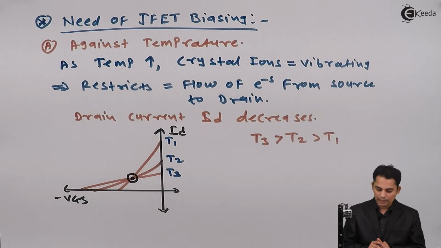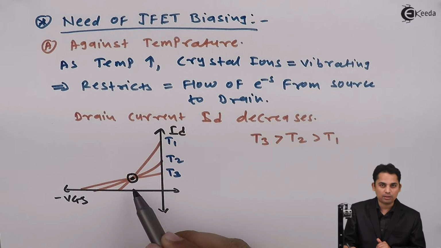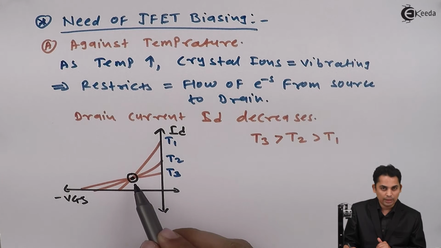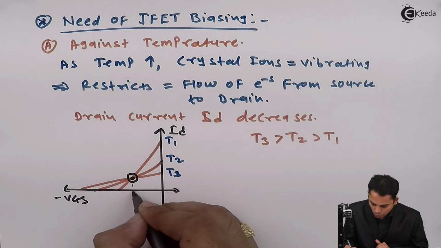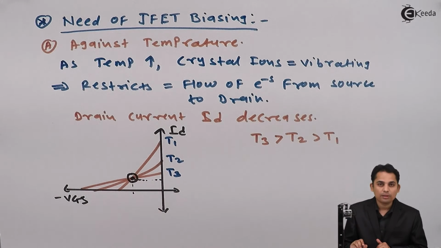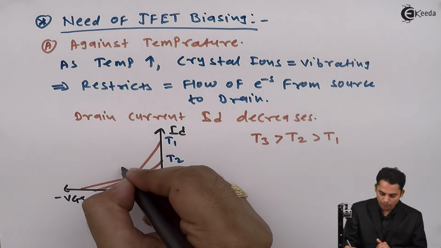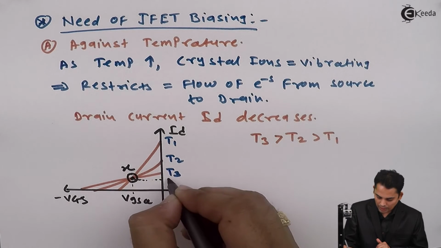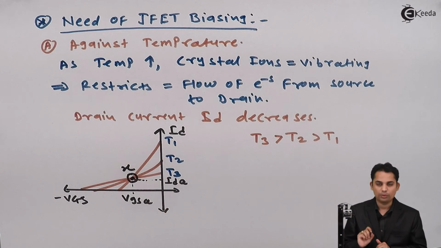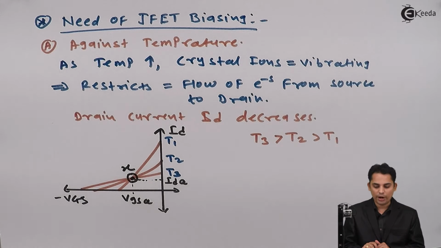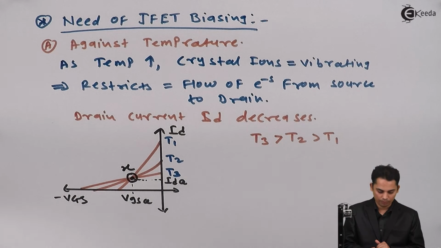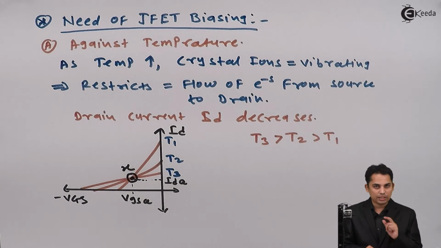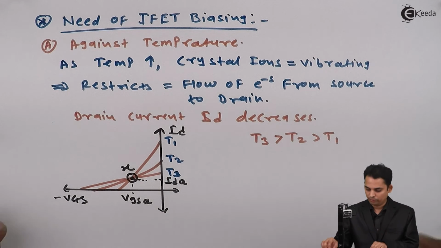Again, I'll repeat that: there is one point on the transfer characteristics for which drain current is independent of the temperature, and we must bias JFET at this point, say point X, giving the values VGSQ and IDQ. This is the first reason why we are required to bias JFET, because as temperature is increasing, drain current is decreasing.